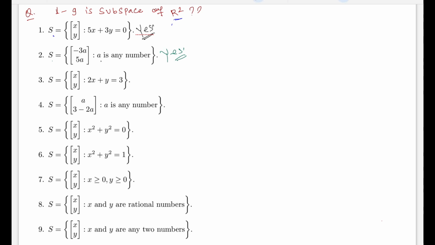What about this? Let's first check if the 0 vector is there or not. So if you take 0, 0, let's say I am saying that this belongs to this particular set S, then this needs to be satisfied.